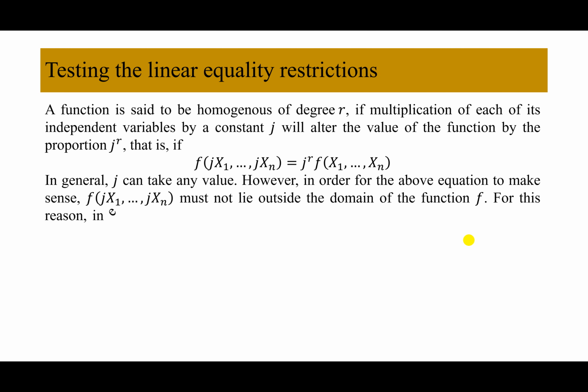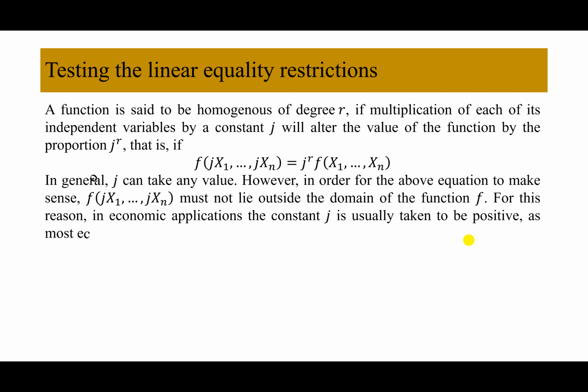That is, if we can factor out j from that function, then j to the power r will be considered as the degree of homogeneity of that function.